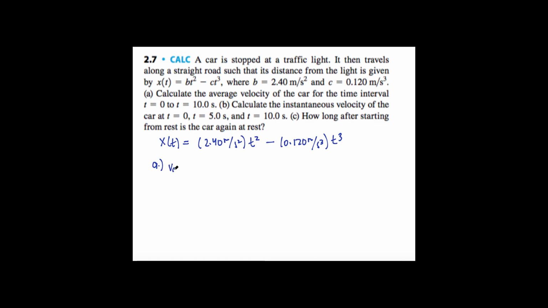So my definition for average velocity is change in position over change in time. The understanding for that is x of t2 minus x of t1 all over t2 minus t1. In this case, t1 will be 0, which is convenient, and t2 will be 10 seconds.